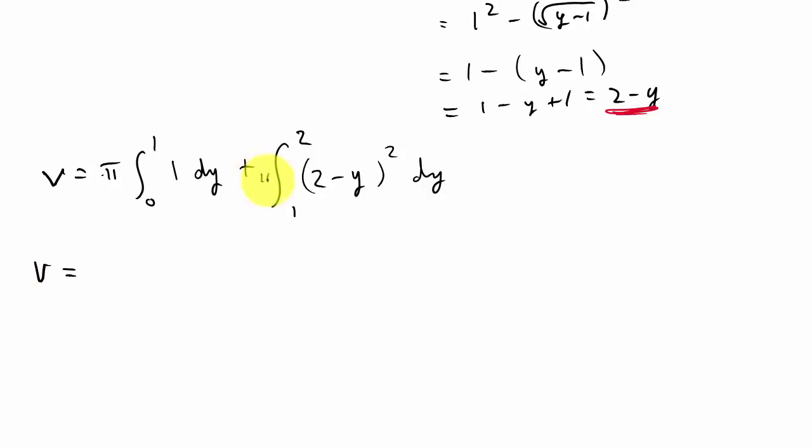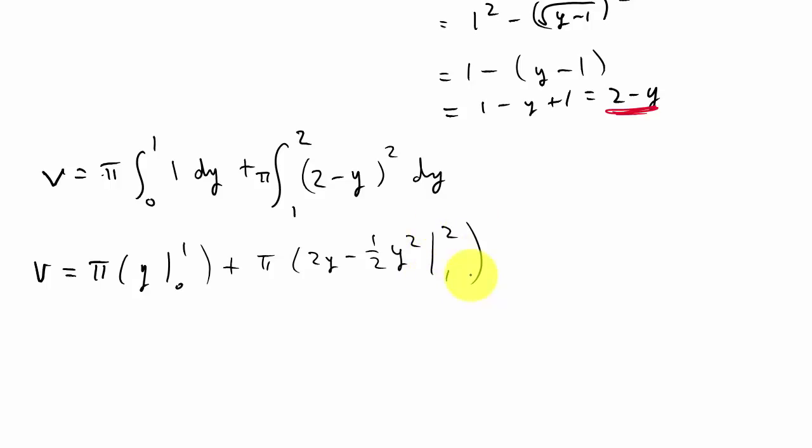Nope, I'm sorry, I left the pi off here. So that's going to be pi, and then when I integrate that, that's just y, going from 0 to 1, plus pi, and that's going to be 2y minus 1/2 y squared, going from 1 to 2.